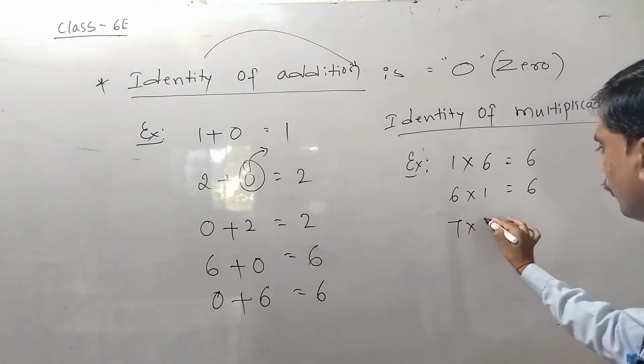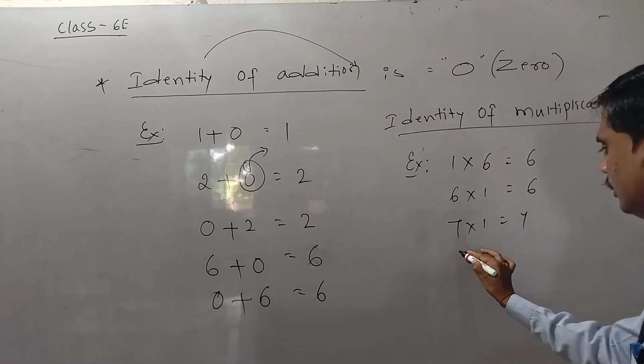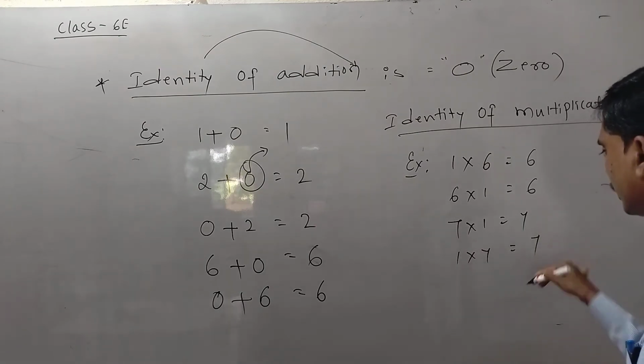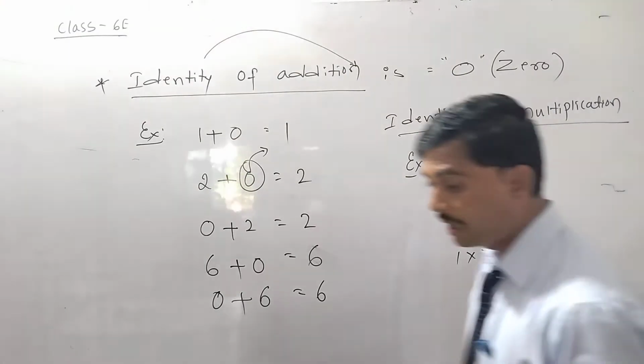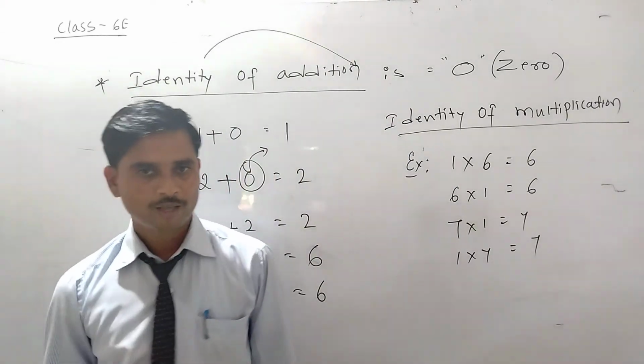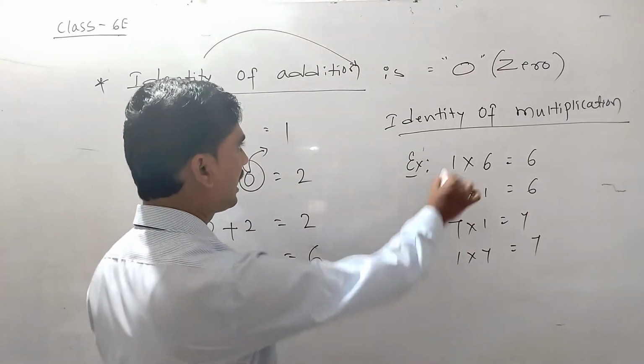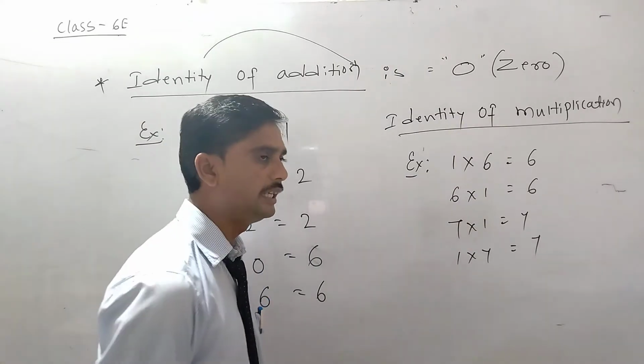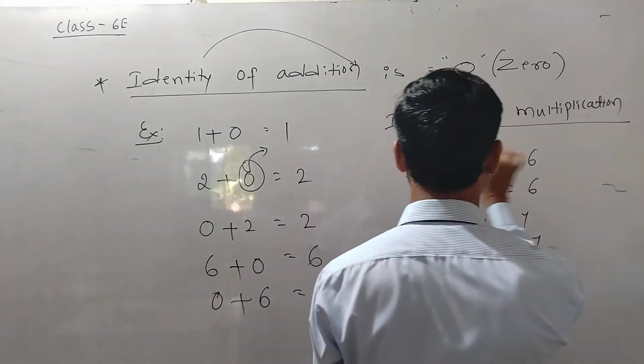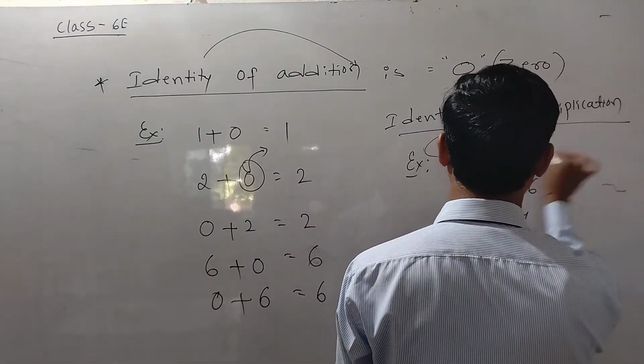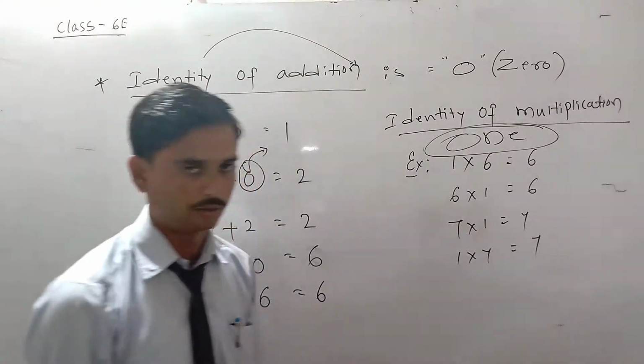And 7 into 1 is equal to 7 only. 1 into 7 is equal to 7 only. Because 1 has no value, we are calling the identity of multiplication is always 1.